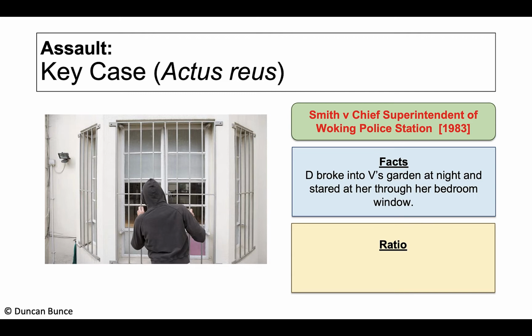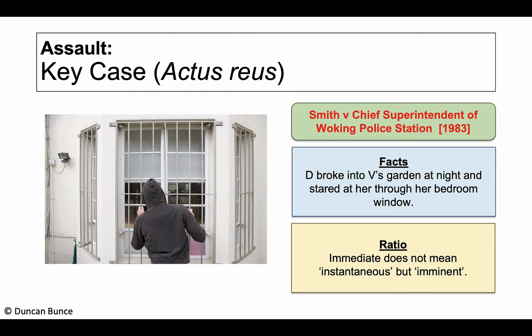Is she going to be assaulted, for example? Even though there was a window between her and the defendant, so clearly he wasn't going to instantaneously be able to reach her, he was outside of that building. But the law that came out of this is that immediate does not mean instantaneous, but imminent.